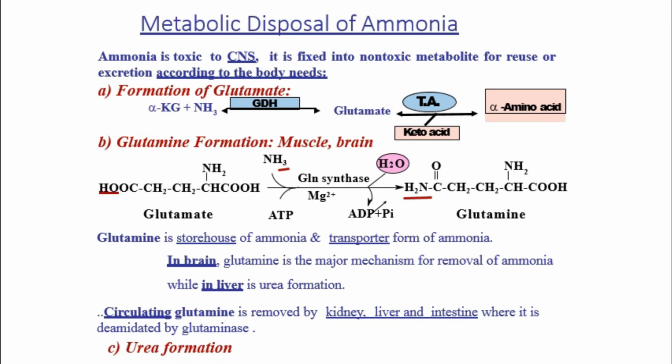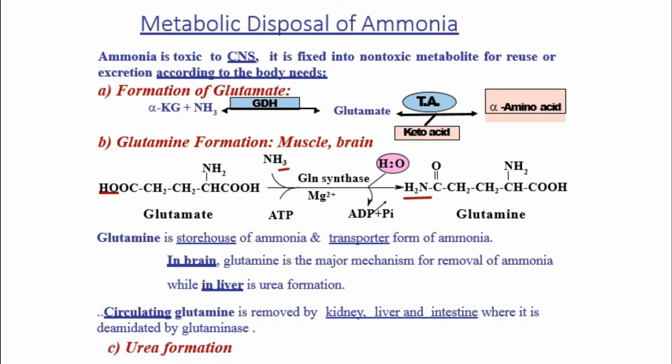The second thing that happens is glutamine formation, specifically in the muscles and the brain. The glutamate that is formed will be converted into glutamine by the enzyme glutamine synthase. In the brain, glutamine formation is the major mechanism by which ammonia is removed.